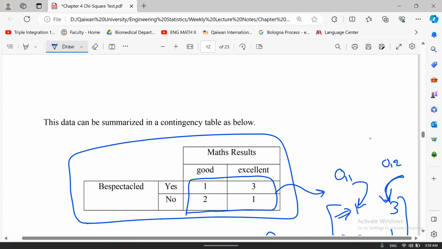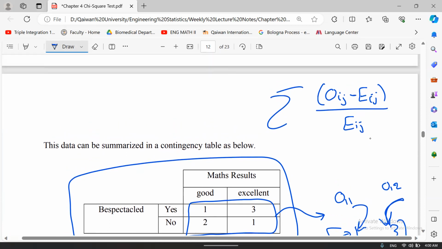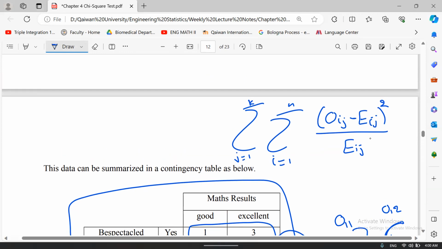The rule is the sum of observed frequencies, O_ij, minus expected frequencies, E_ij, divided by E_ij, all squared. Here we have a double summation, i from 1 to n, j from 1 to k, if you have n rows and k columns. That's it. Here we just find the sum of these.